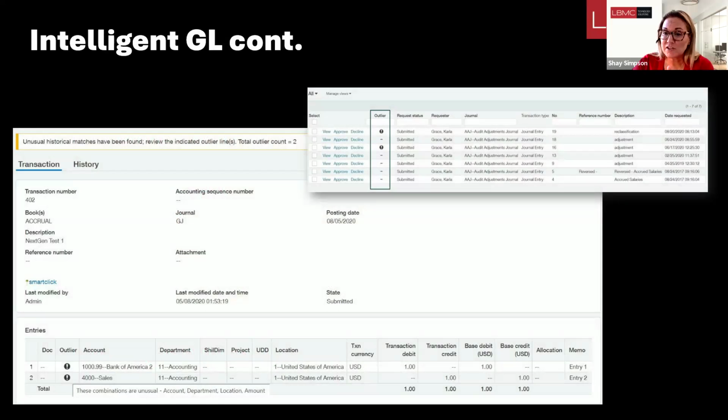As we start to build this out, you're going to notice this outlier. You're going to start seeing this within the journals, and it's going to have these indicators here. We've submitted these journals, and now it's telling us these combinations are unusual. In other words, the account, the department, the location and the amount is unusual.